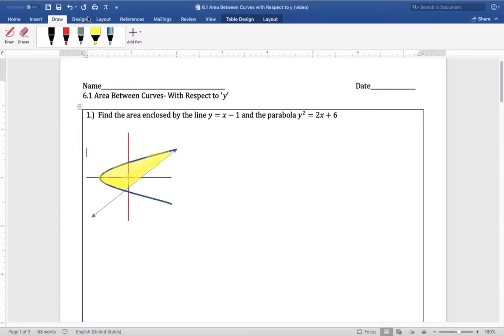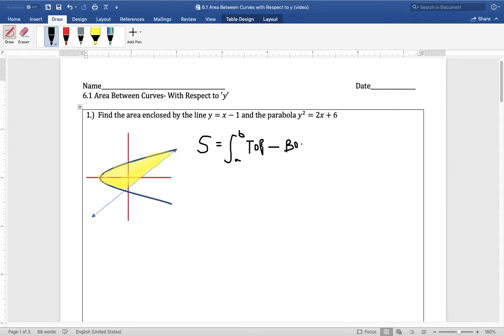And remember, once we try to figure out what's going on here, you always are doing top minus bottom. So let's go back to the formula, and I'm going to do my best to write all this stuff out for you. Sometimes it's not as easy to do on this, but the shaded region is equal to the integral from a to b of top minus bottom.